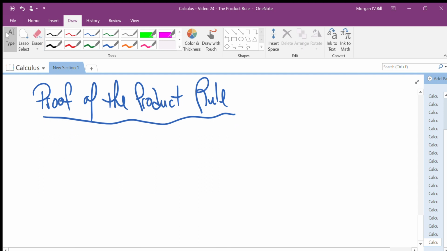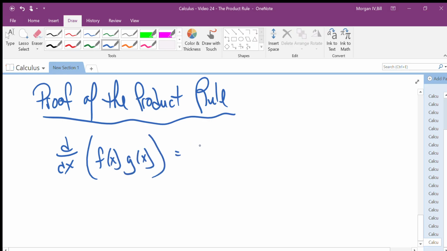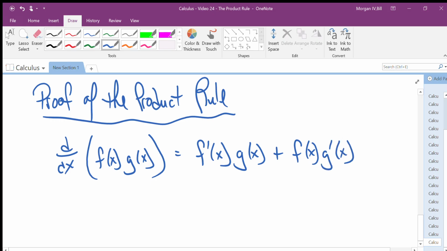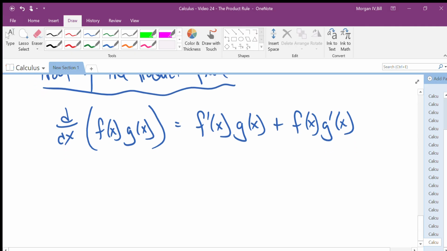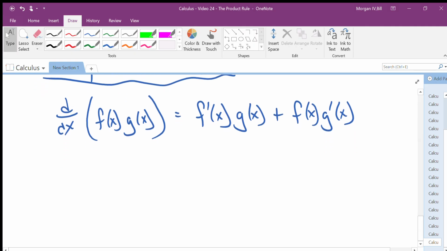All right, so we are trying to prove that the derivative of two functions, f of x times g of x, is equal to f prime of x, g of x, plus f of x, g prime of x. And we just have to know this. This should be memorized soon. In order to make a proof of a derivative, you almost always go back to the limit definition of the derivative.